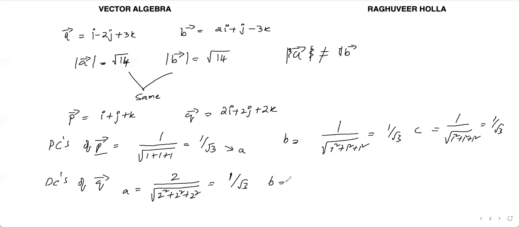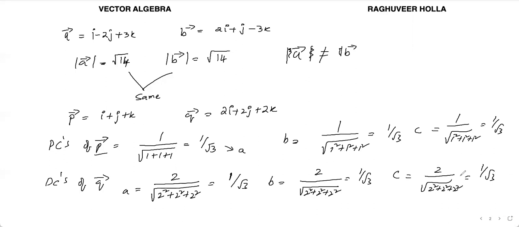And b will be 2 by square root of 2 square plus 2 square plus 2 square, which is again 1 by root 3. And c is 2 by square root of 2 square plus 2 square plus 2 square, which is 1 by root 3.